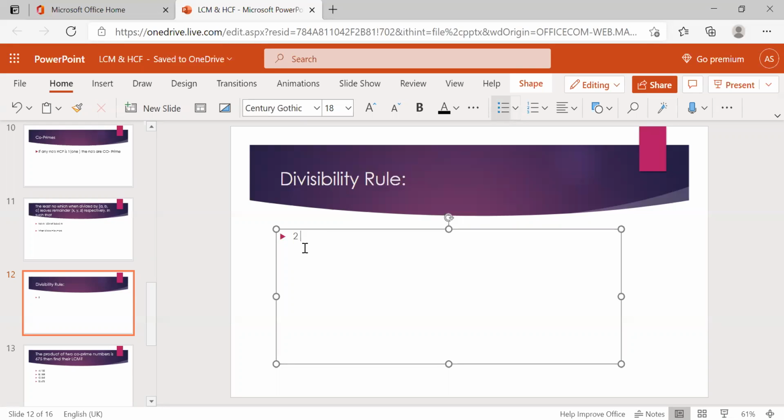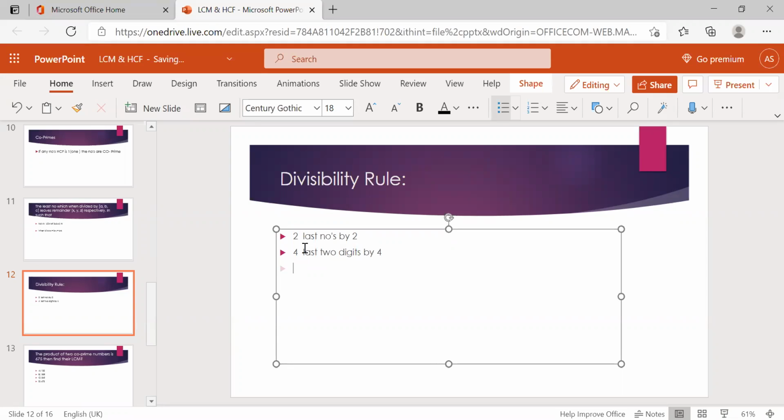What is the rule of 2? What is the divisibility rule of 2? The last digit should be divisible by 2, right? And what about 4? The last two digits should be divisible by 4.